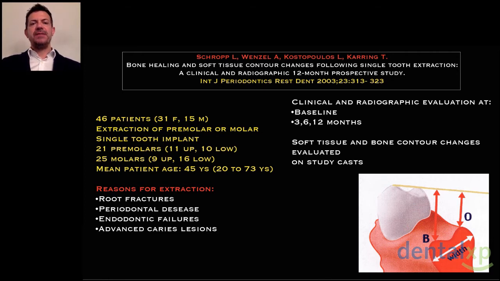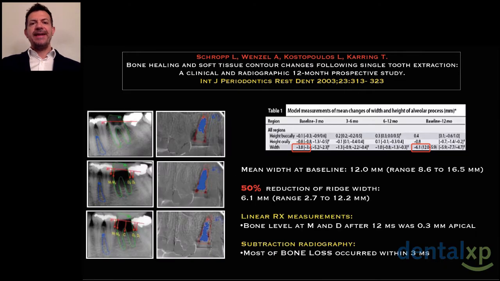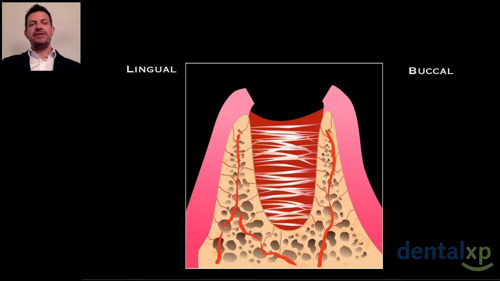In 46 patients, he found that on average we have a 50% reduction of the original volume of the ridge, from 12 millimeters to 6.1 millimeters. So this is what we can have in our daily practice following single tooth extraction if we wait for spontaneous healing of the fresh extraction socket.